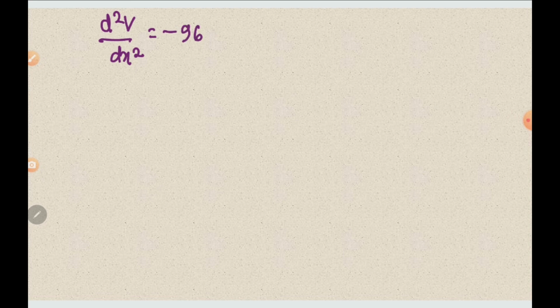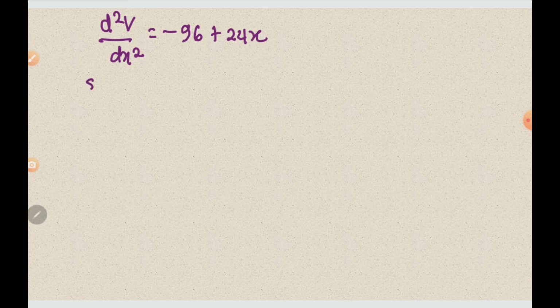Now we continue to do the second derivative for V, that is d squared V over dx squared equals negative 96 plus 24x. Then what should we do now?